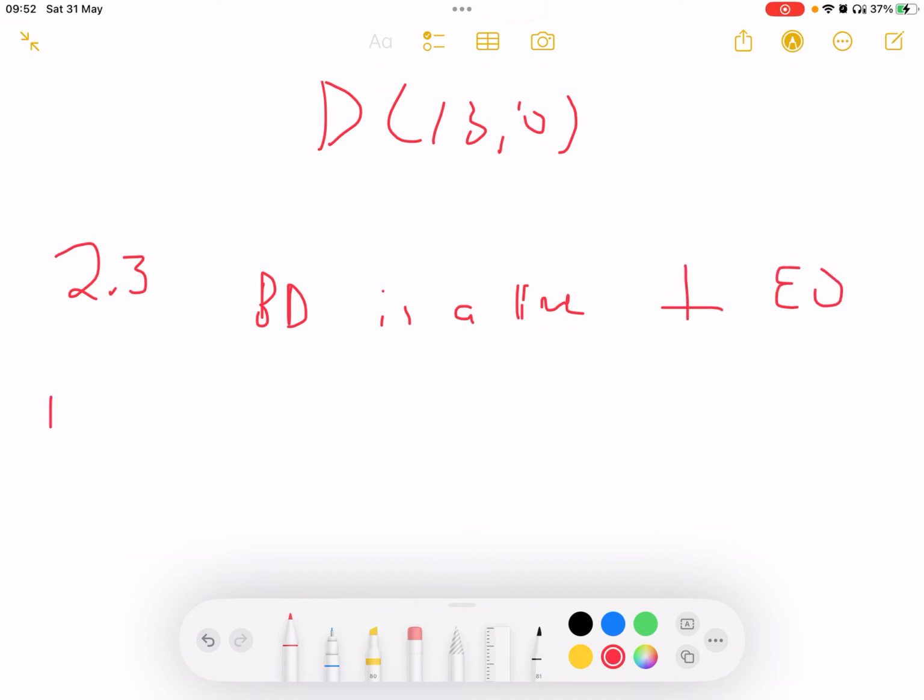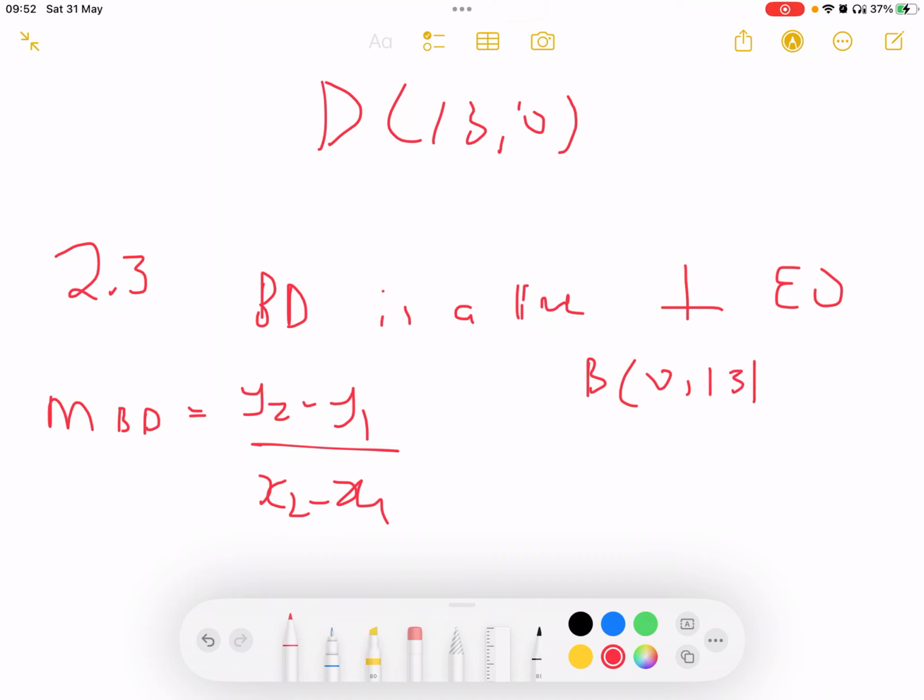And therefore, we can calculate the gradient of BD using y2 minus y1 over x2 minus x1. Now, BD is just B (0, 13) and D (13, 0). So this is my x1, y1, x2, y2.